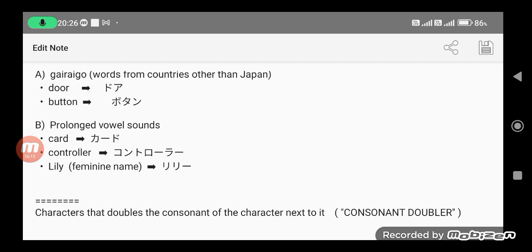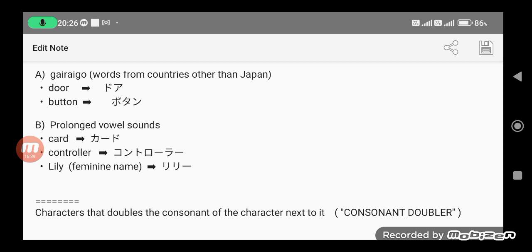It's like in card, C-A-R-D, but in Japanese, card is spelled as kaado. Controller is spelled as kontorooraa. And really, to put an emphasis that the second ri is prolonged, we place that horizontal stroke, Riri.